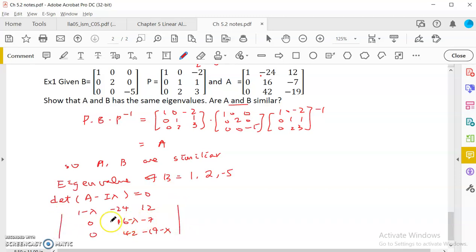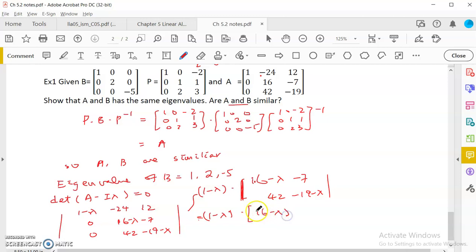Expanding the first column, this equals 1 minus lambda times the determinant of the remaining block: 16 minus lambda, negative 7, 42, negative 19 minus lambda. That equals 1 minus lambda times 16 minus lambda times negative 19 minus lambda, plus 42 times 7.